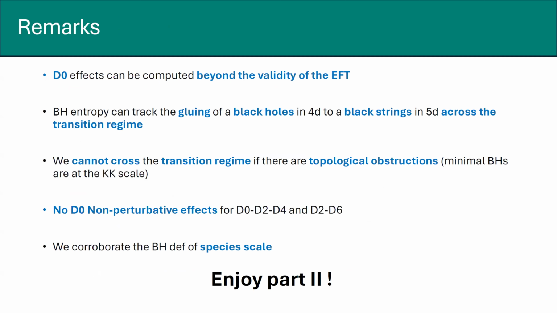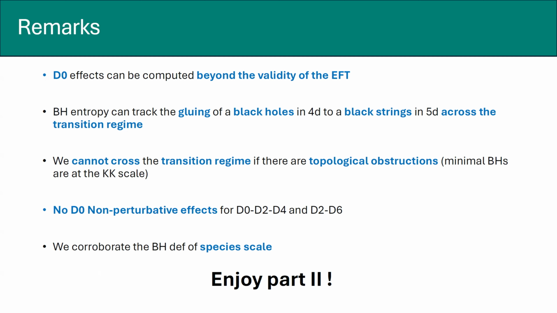So, just a really short remark. What we have done is the following. For the N equal 2, we computed something purely in the 4D regime, so these D0 effects, we added to a quantity computed for a black hole solution extracted from the attractor mechanism in 4D N equal 2, and then we took the decompactification limit.